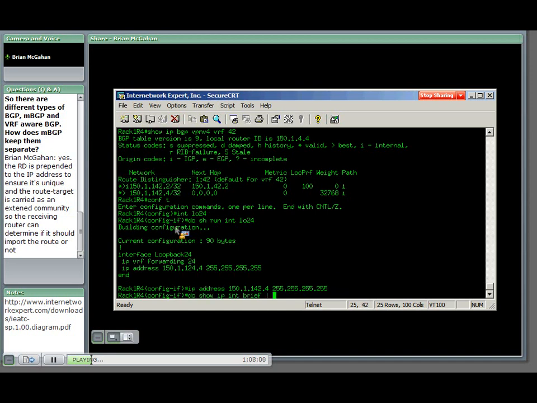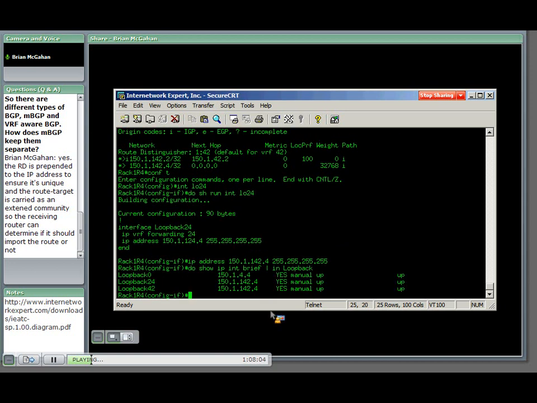Okay, so if we look at the show IP interface brief now, and we'll look at just the loopbacks, we can see we have these two loopbacks, but they have overlapping addressing. Okay, this is going to be okay because they're inside separate routing tables.